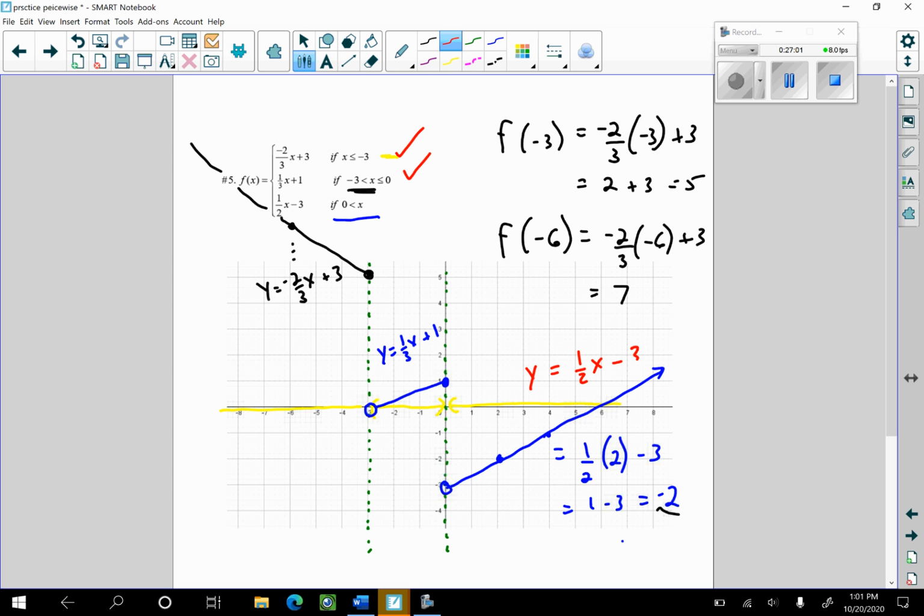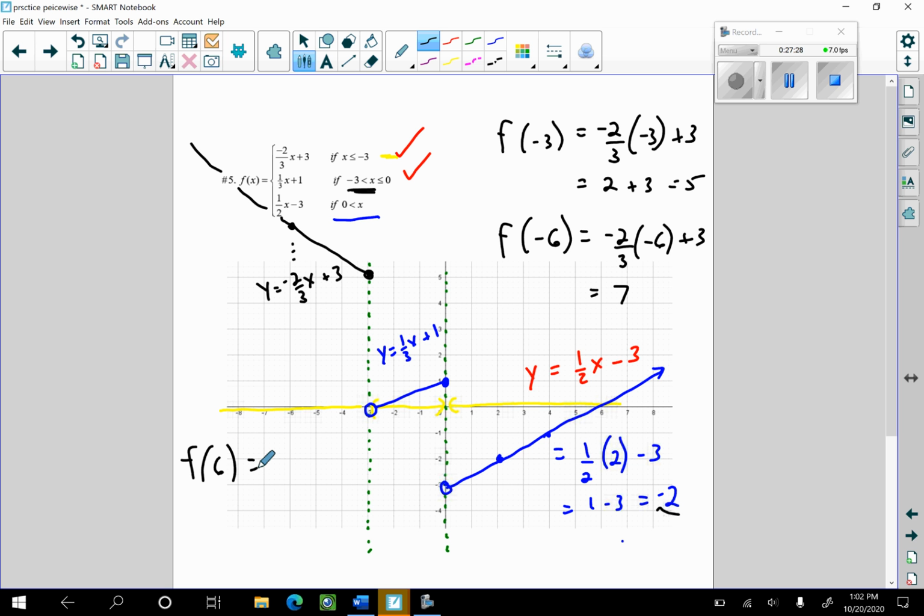You tell me, Billy, is that open or closed? It's open because I'm just greater than 0, not greater than or equal to. That's freaky, and the last thing I'm going to do is evaluate this function at some points. Say I want to find f of 6, what piece am I going to use?